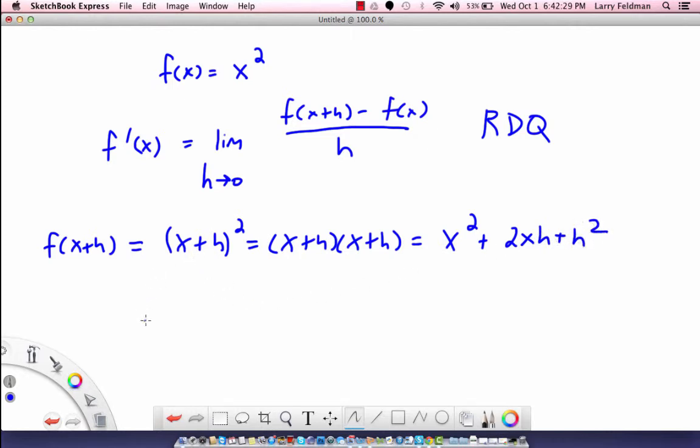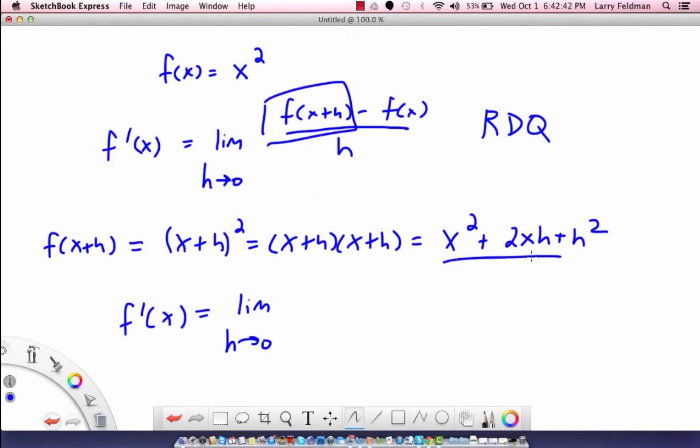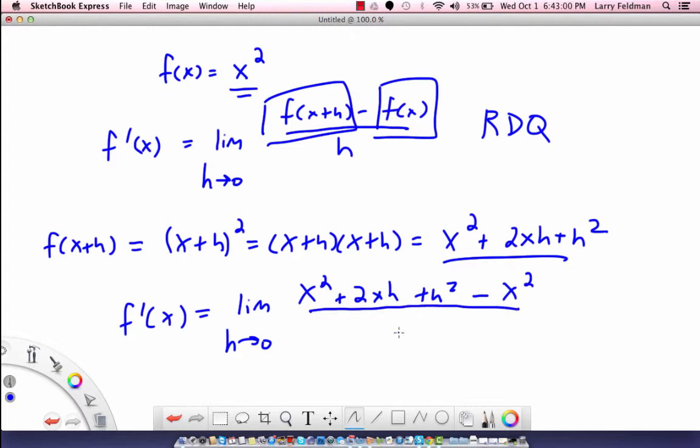Now, let's keep going. f prime of x equals the limit as h approaches 0 of f of x plus h, which we just found here, minus f of x, which is this, all over h.